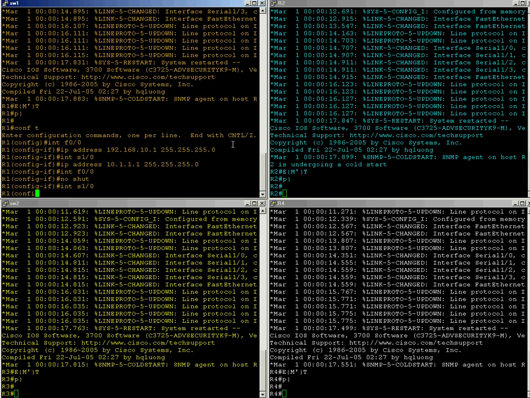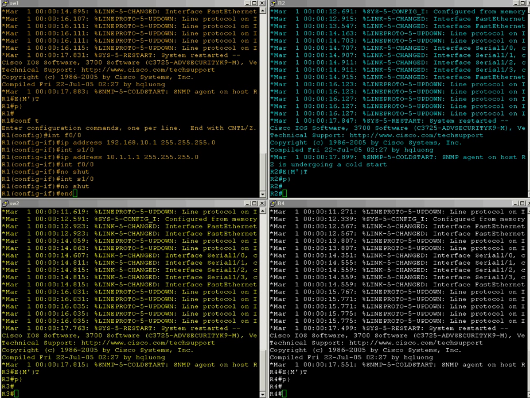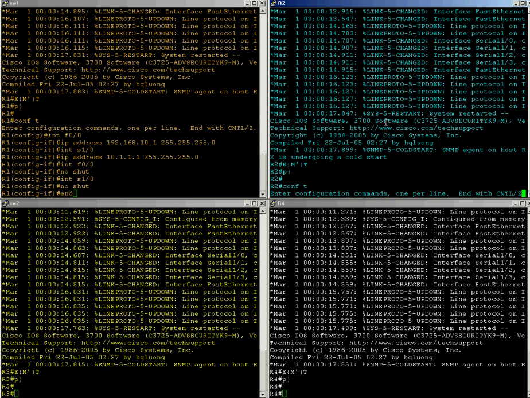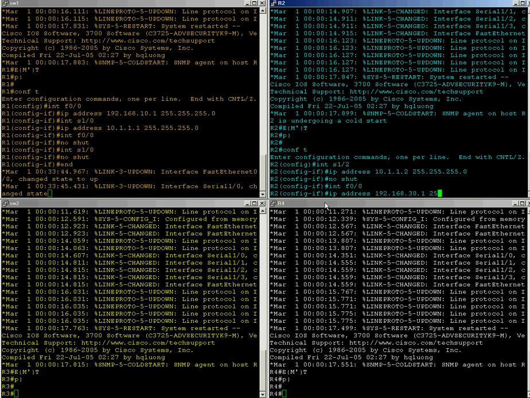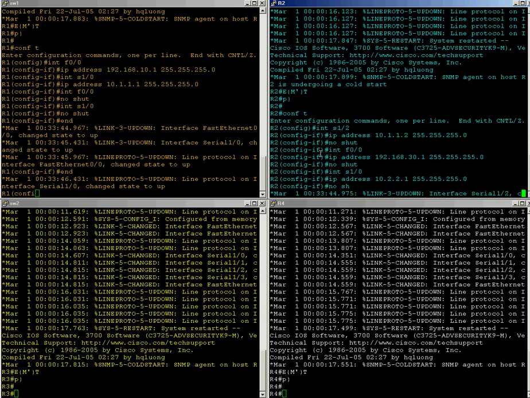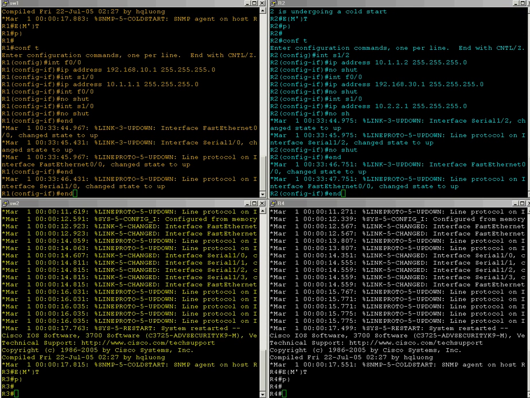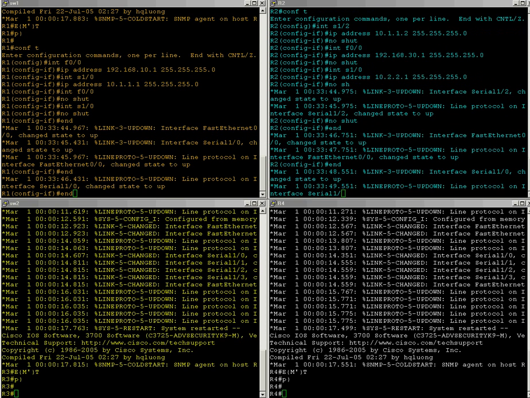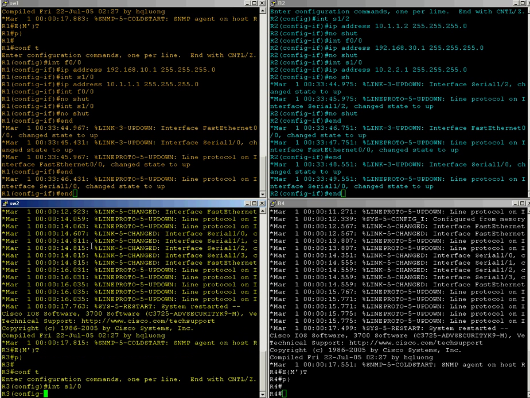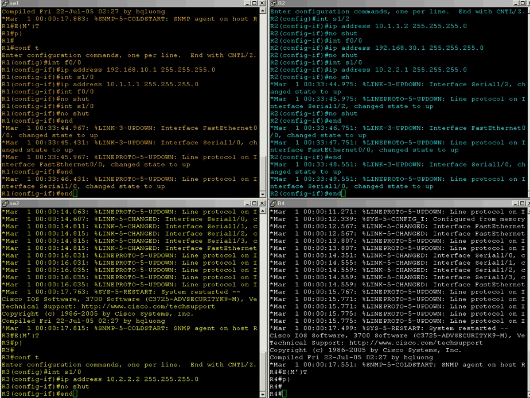As you see, I'm preloading certain router configurations. The links are coming up as it realizes R2 is waking up. Let me put number 3 in, and a router down there in Texas.